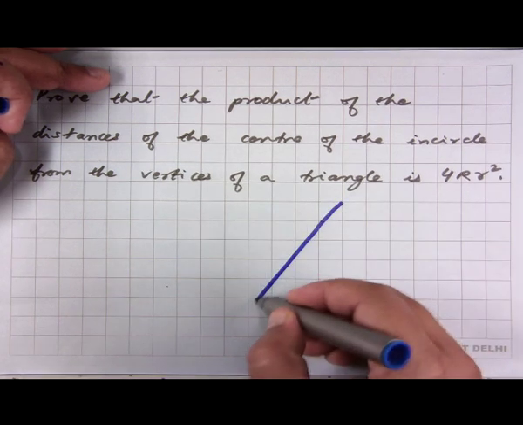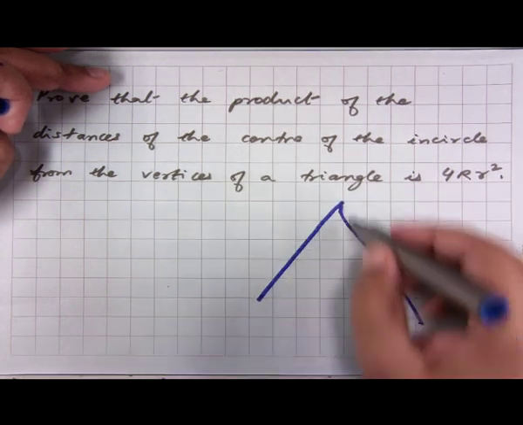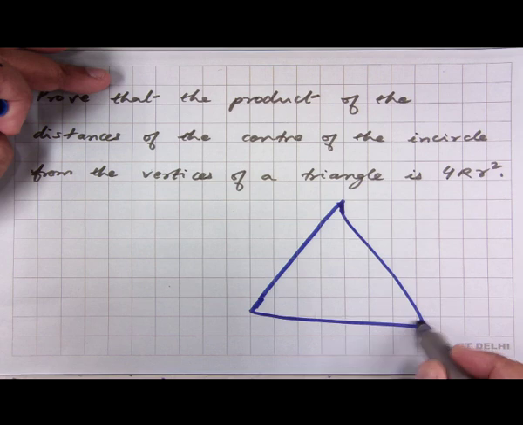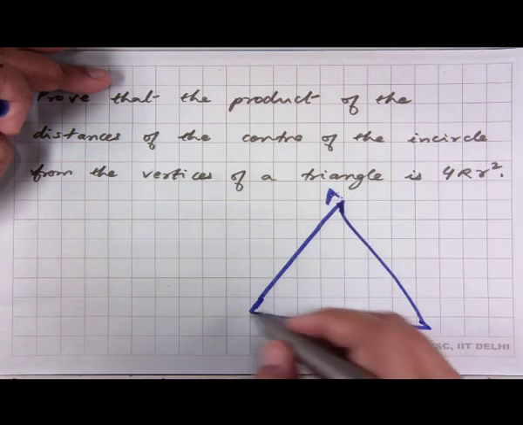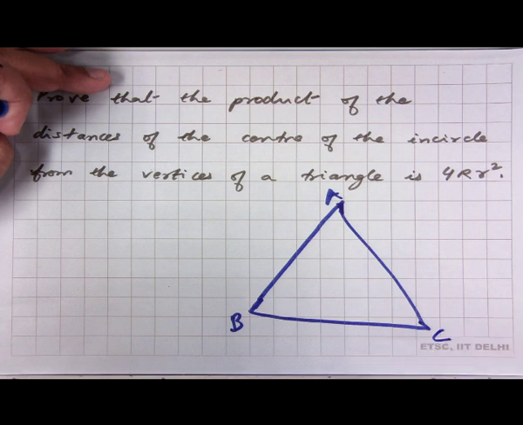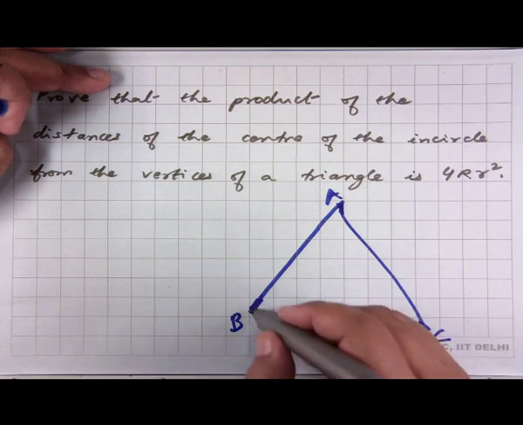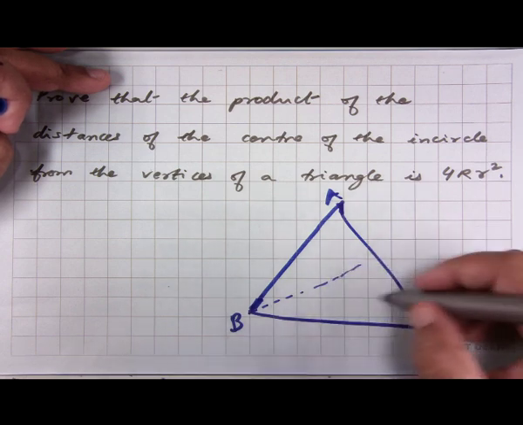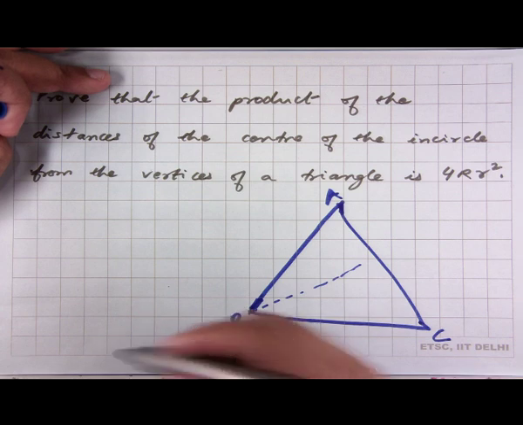So, let us say this is the triangle A, B, C, and we have these angle bisectors because we are talking of an incircle.